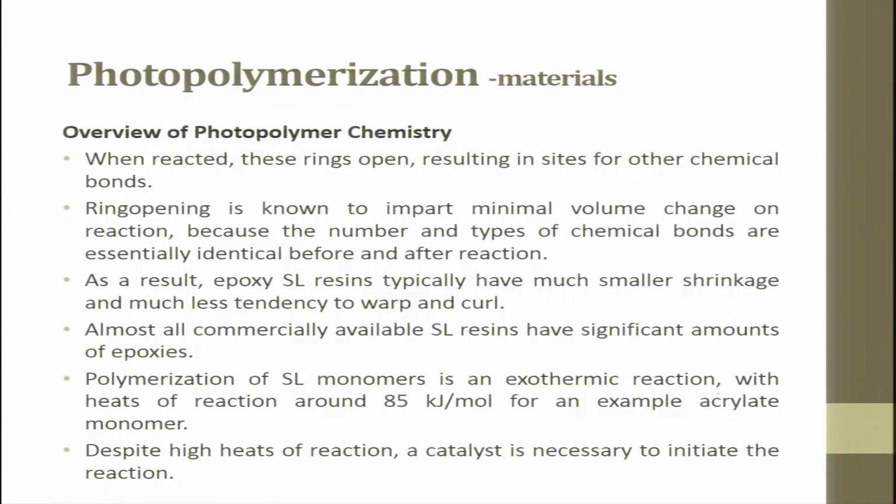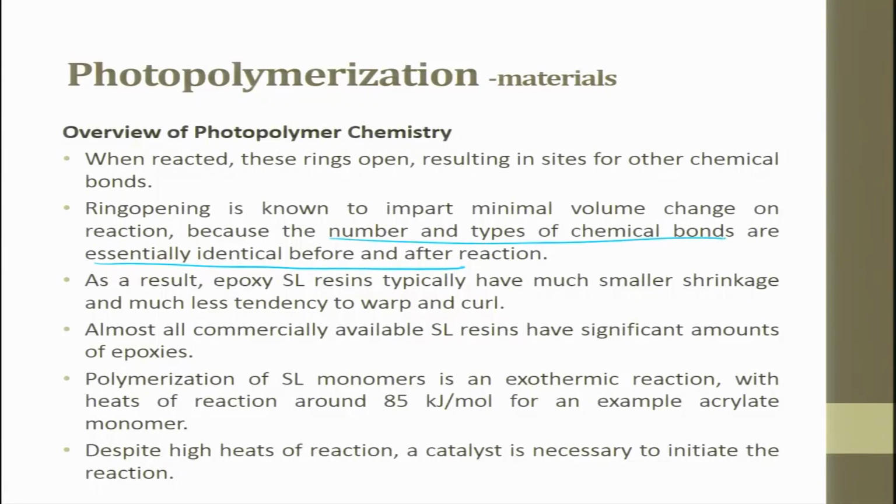As a result, they are rarely used now without epoxy or other photopolymer elements. When reacted, these rings open, resulting in sites for other chemical bonds. Ring opening is known to impart minimal volume change on reaction because the number and the type of chemical bonds are essentially identical before and after reaction. This is a very important point.